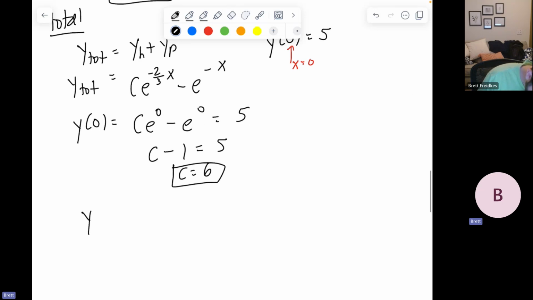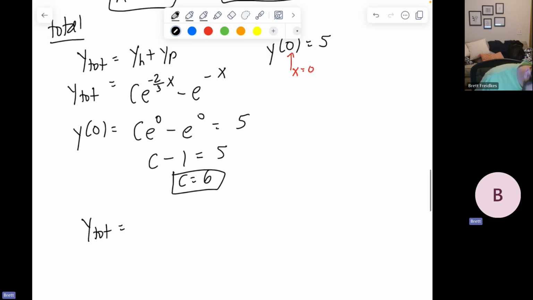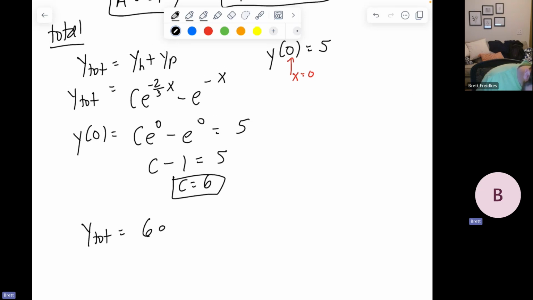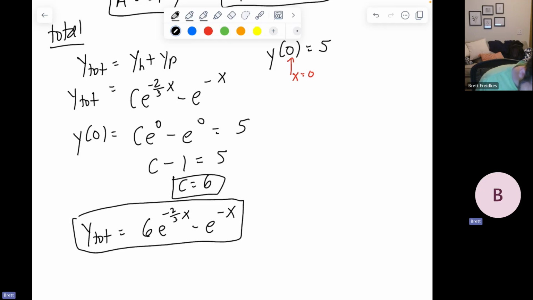So that means that our total solution is 6 e to the minus 2/3 x minus e to the minus x. So this is basically the response of the system due to both its initial condition and the forcing function that's on the right.